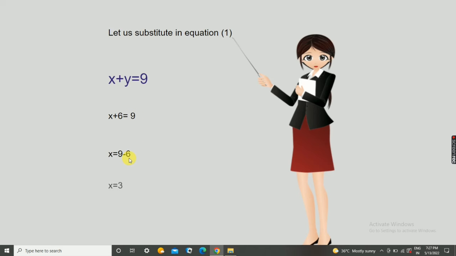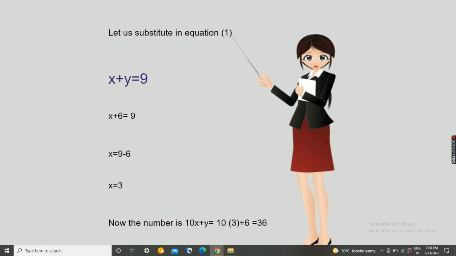We got x is equal to 3. But the number was 10x plus y, that is 10 multiplied by 3 plus 6 is equal to 36. So this was the required number. What was that number? That was 36.